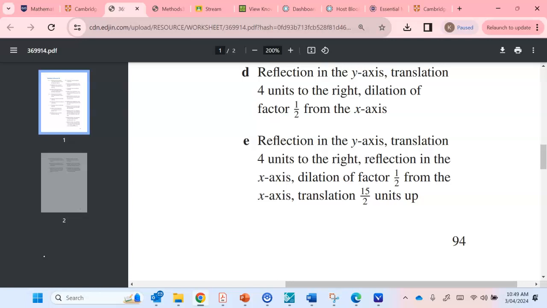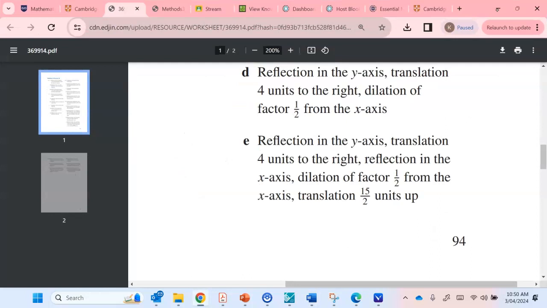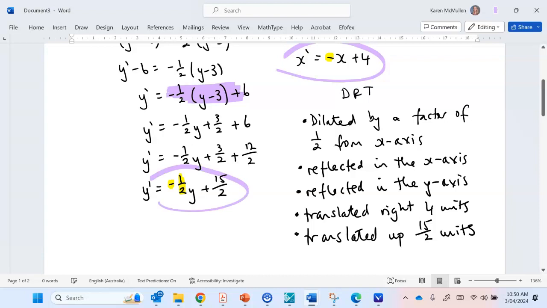So it's the same thing, and the dilation factor here wouldn't affect the transformations before it. So the order is still the same, but it's done the transformations here first. If we go back here, reflected in the y-axis and then 4 units to the right, and then it's done the transformations for the image of y.